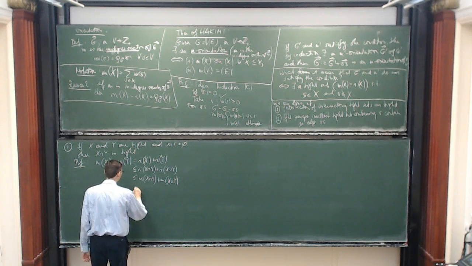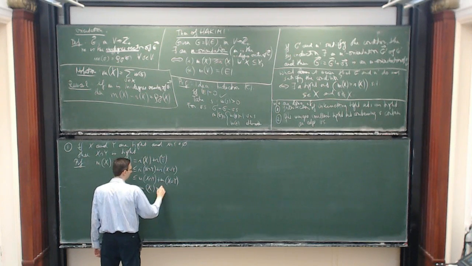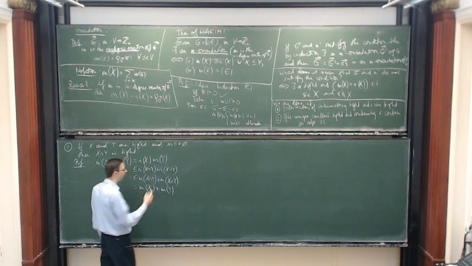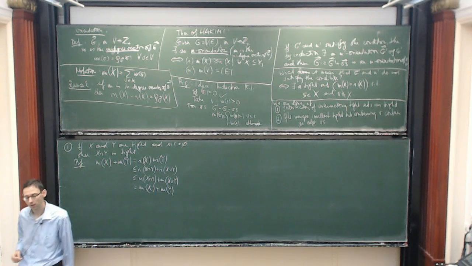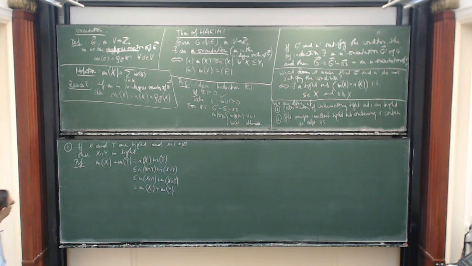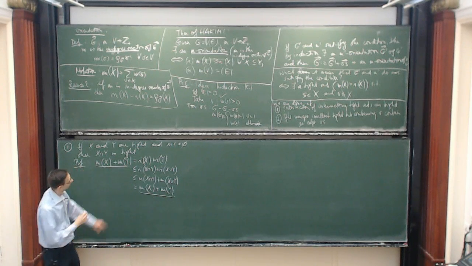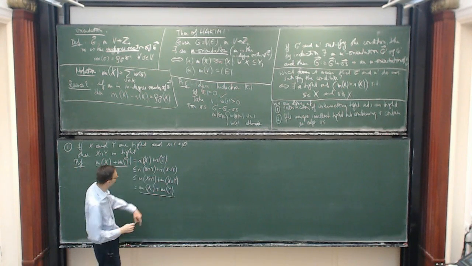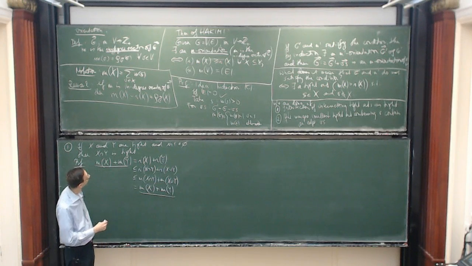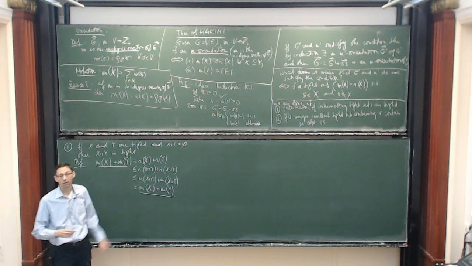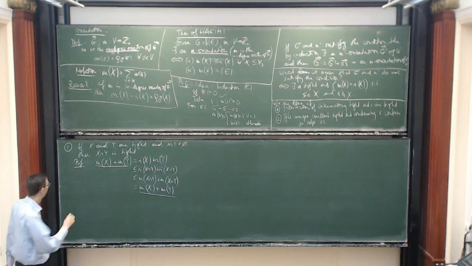So this is the same, but m of x plus m of y, since this is a vector m, so this is modular. And then we have equality everywhere. In fact, it's not important for us now. So we have equality here, and that's good. Okay, this is the first one.